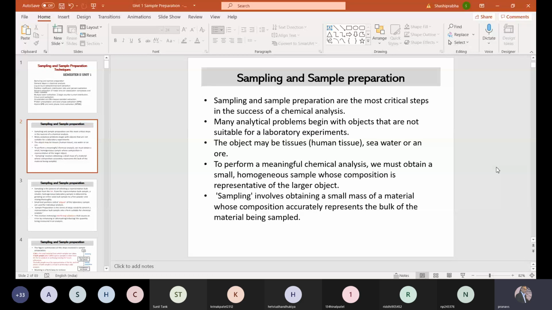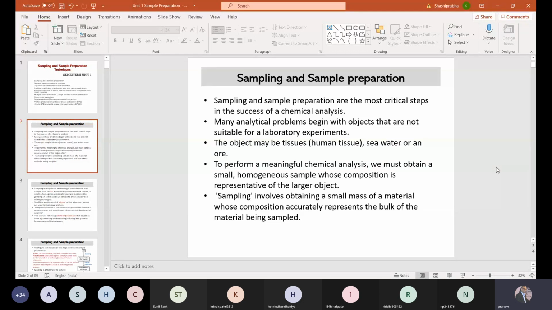To perform a meaningful chemical analysis, we must obtain a small homogeneous sample whose composition is representative of the larger sample. This is very important because when we analyze something, it should be in the highest homogeneous form. So when we go to collect a small amount of sample, it should be homogeneous as much as possible, in the sense that it is a true representative of the entire bulk.